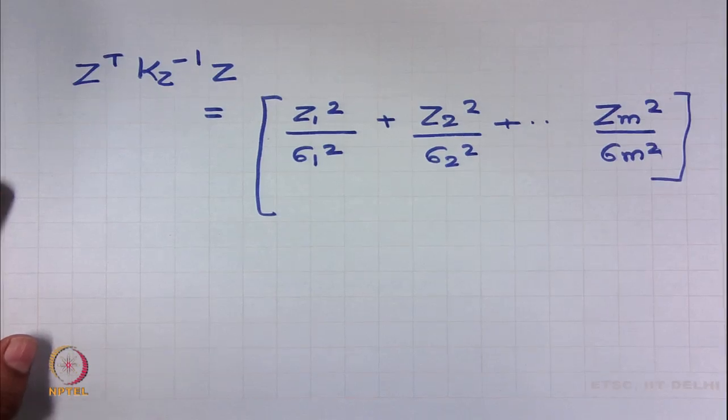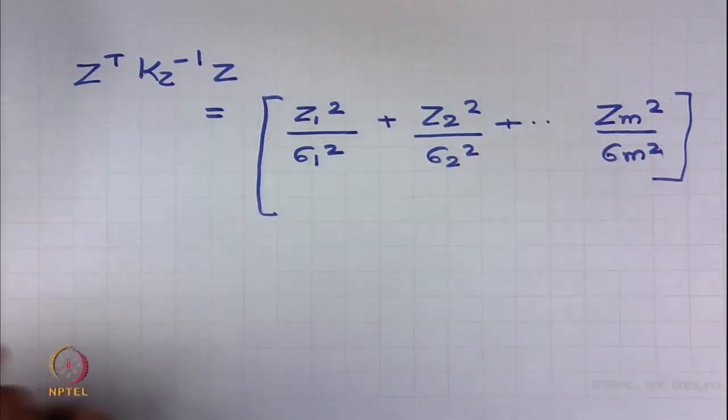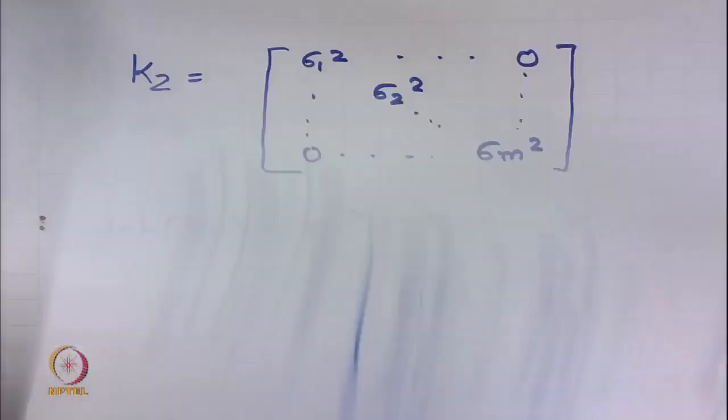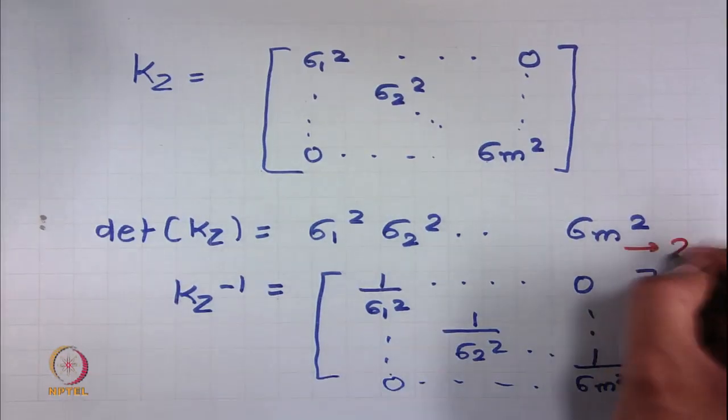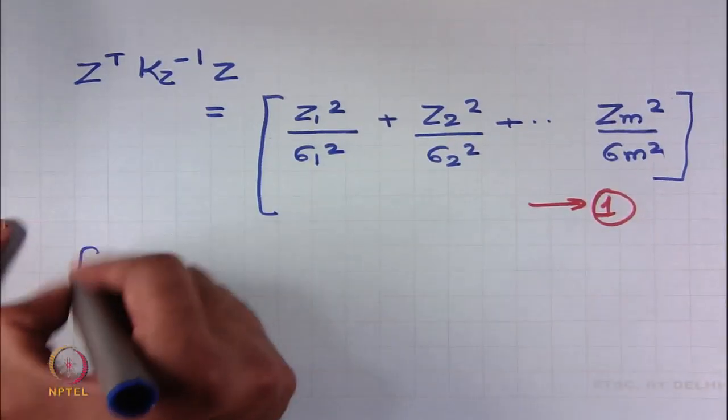So, now is the time to plug these things in. Let us say this is expression number 1 and this is expression number 2 in the expression of the joint PDF.